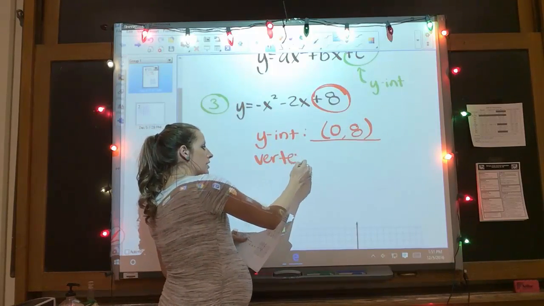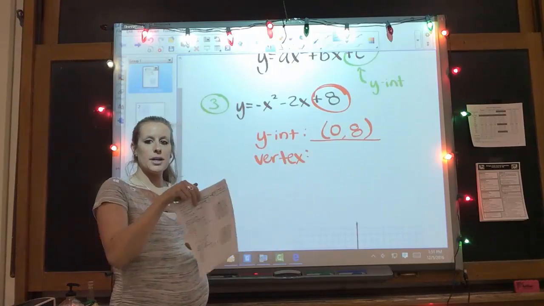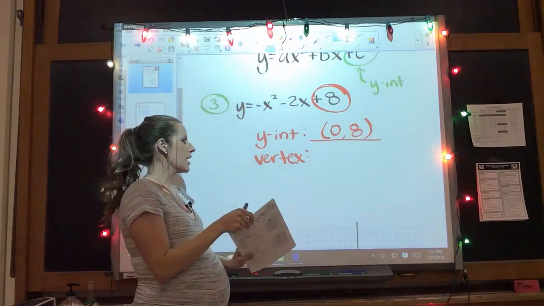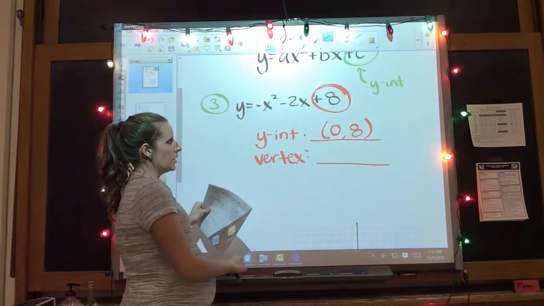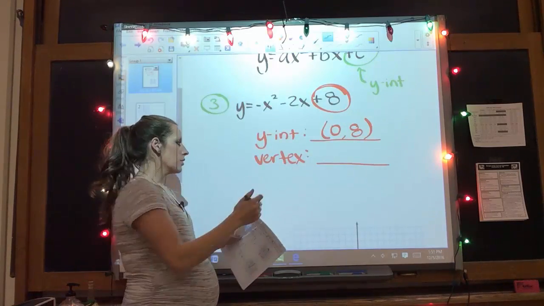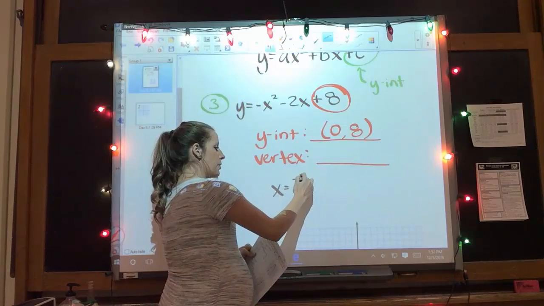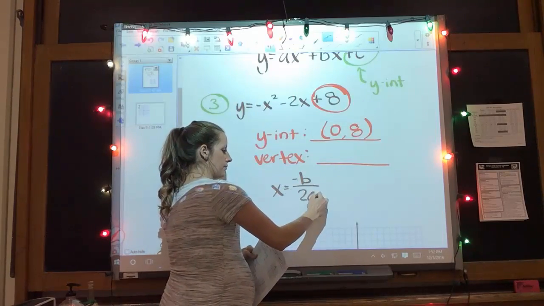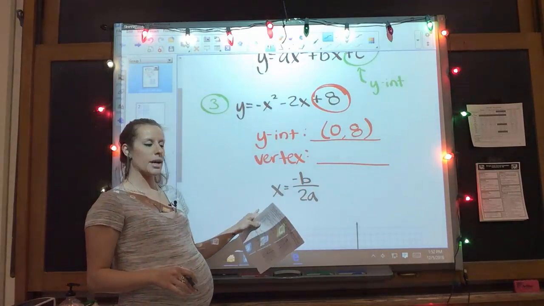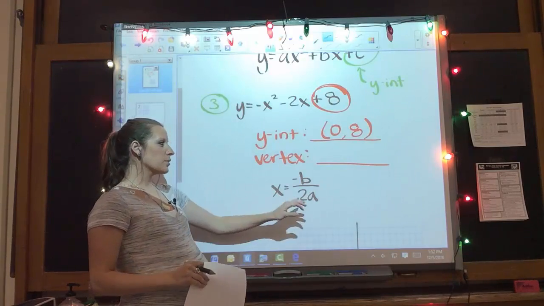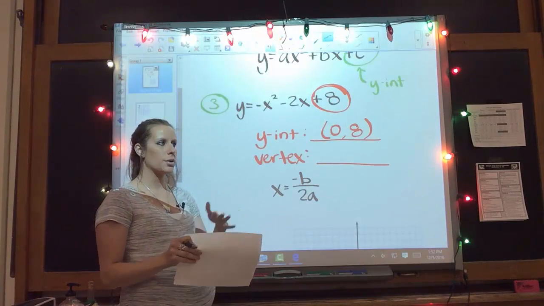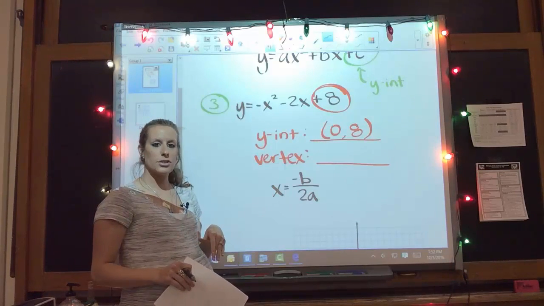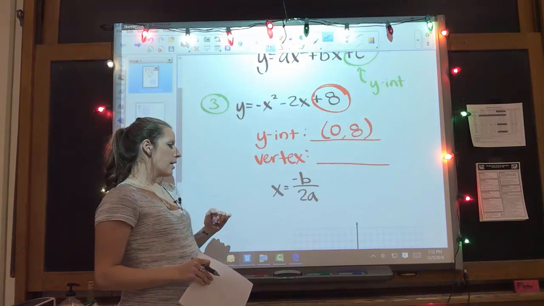Okay, now on the vertex, it tells you up there on your notes how to find the vertex. What you're going to do is your x value will always be negative b over 2a. Okay, and that's something you're going to have to memorize. And I feel like we touched on it just a tiny bit at the beginning of the year when we were going through all those parent functions and stuff like that.